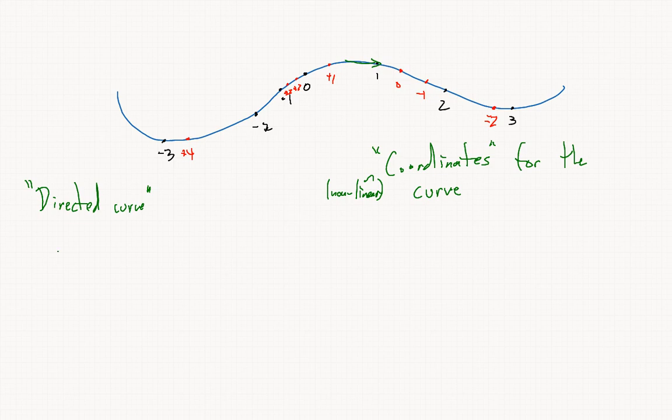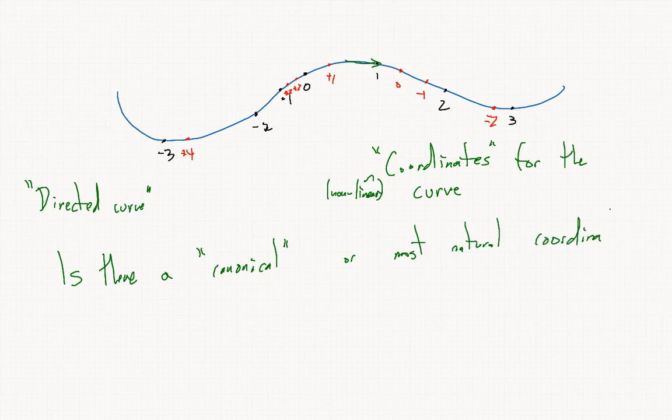If we just get a curve, is there a canonical or most natural coordinate system?